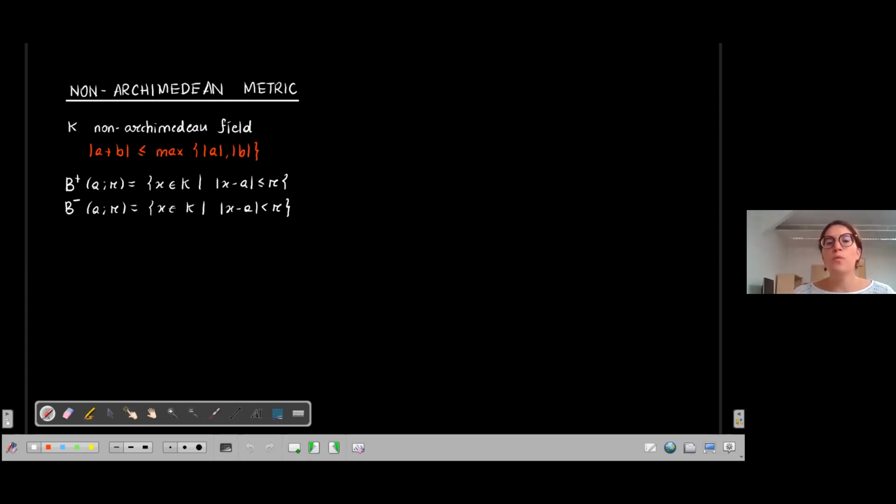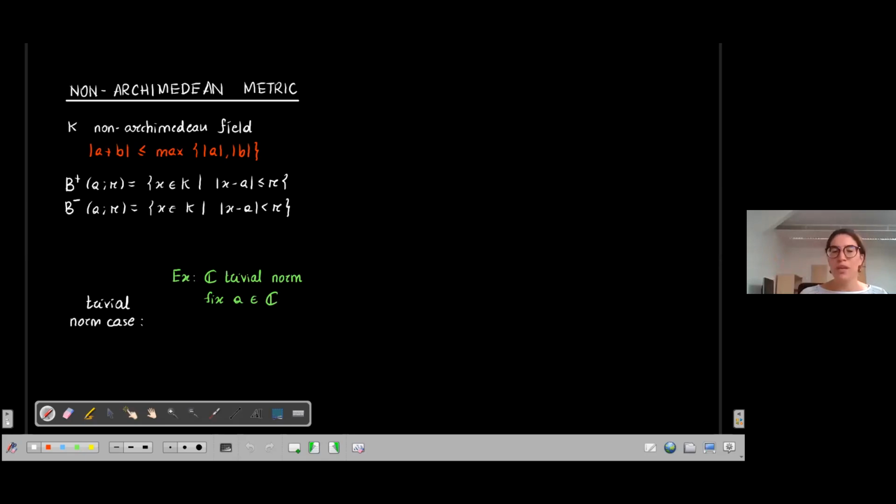The ball will be all the elements in our field K such that the distance to a fixed element, denoted here a, is smaller or equal than r, where r is the radius, or strictly smaller than r. I think you all have the picture of how this object looks when you consider C with the usual norm. But now let's try to familiarize ourselves with the shape of these balls when we work instead with non-Archimedean fields. So let's start with the trivial norm case.